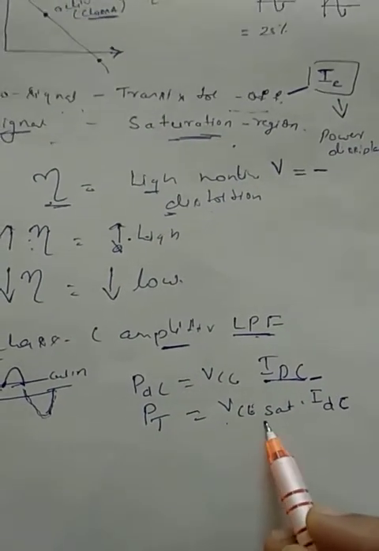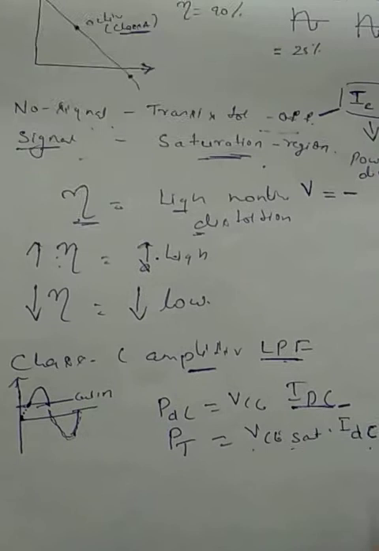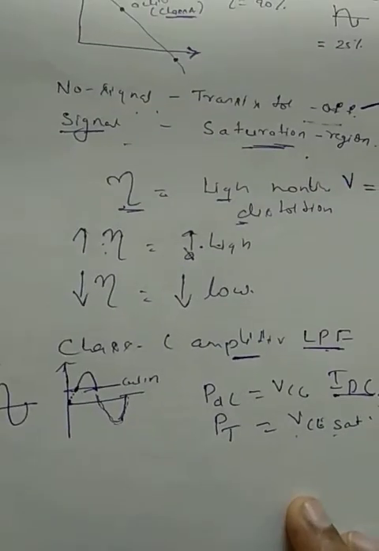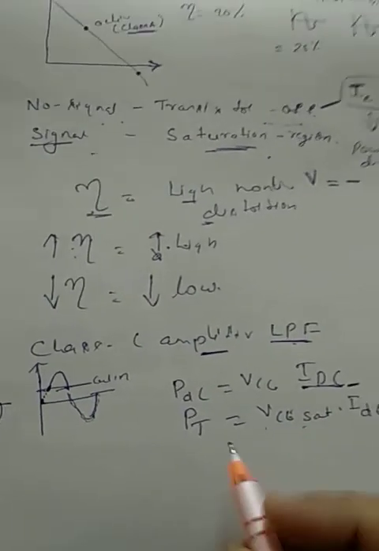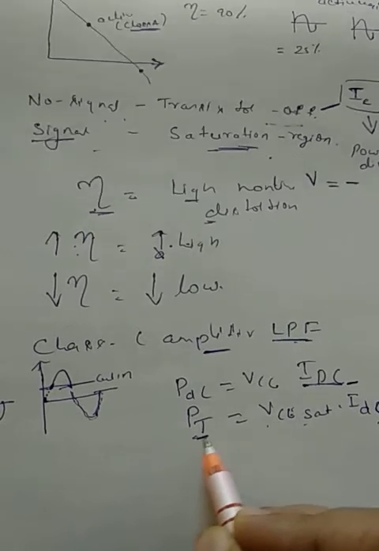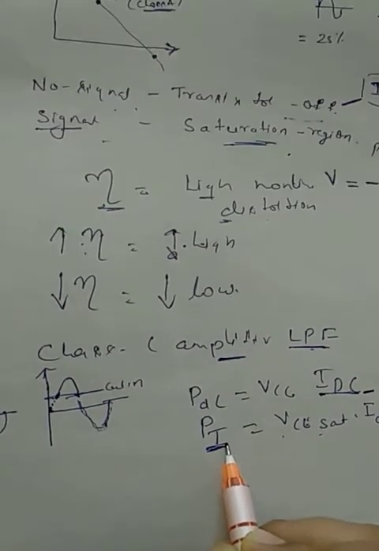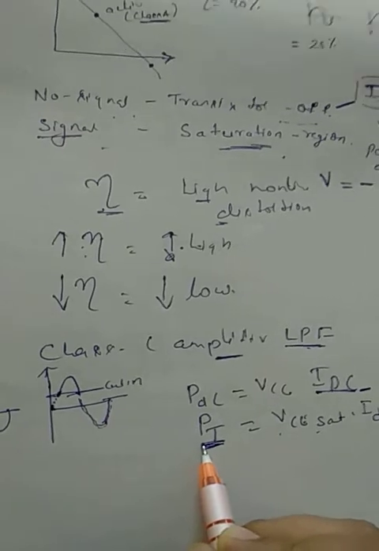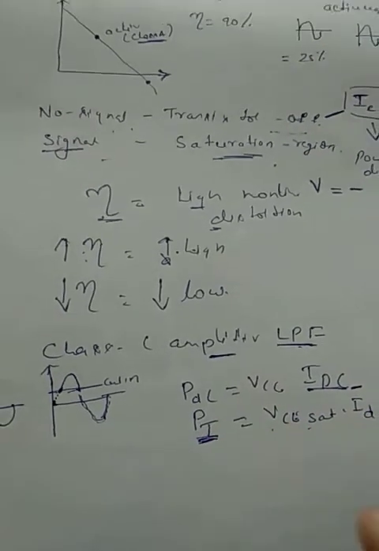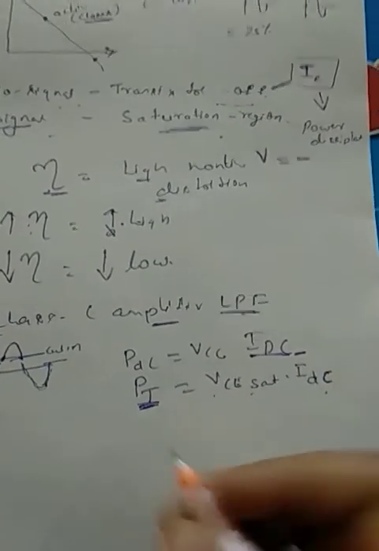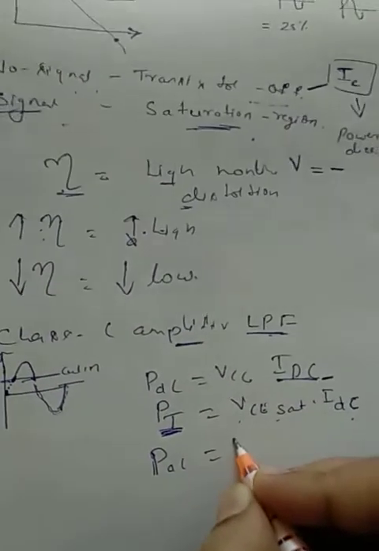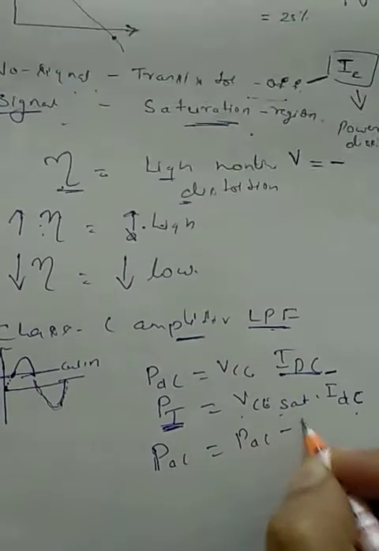So now PT is equal to V saturation into IDC. Taking off the power dissipated, the remaining power should appear at the output signal. That is, PAC should be PDC minus PT.